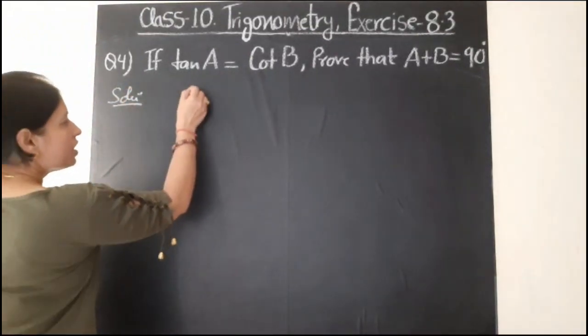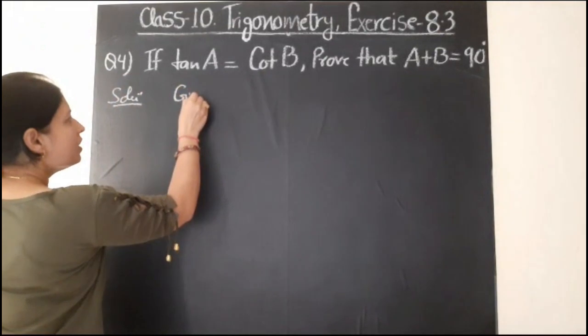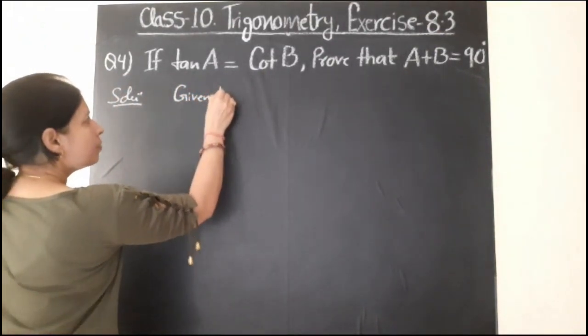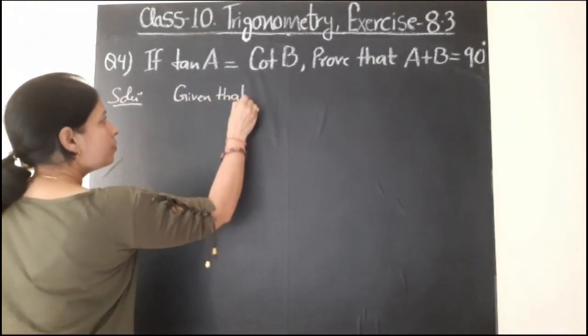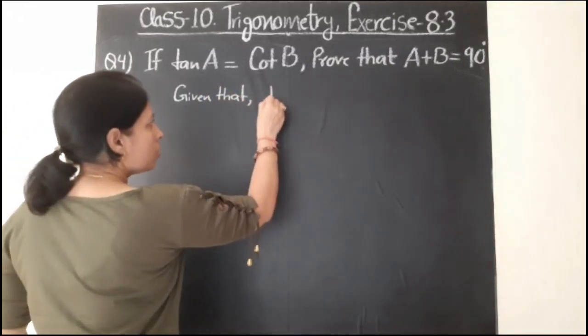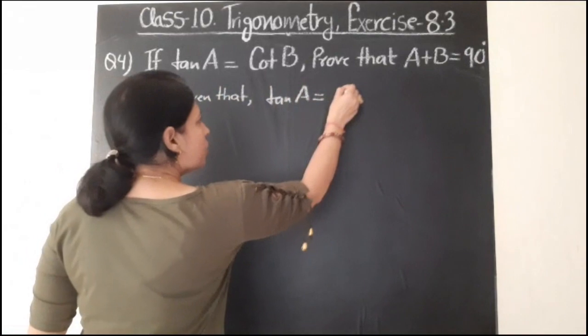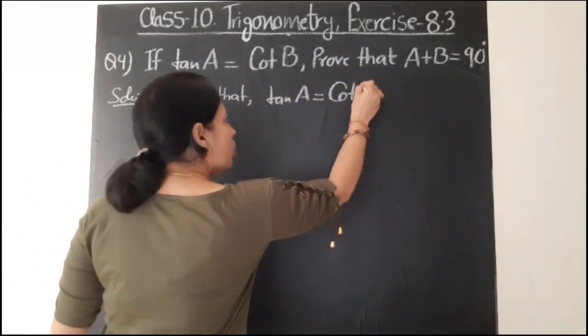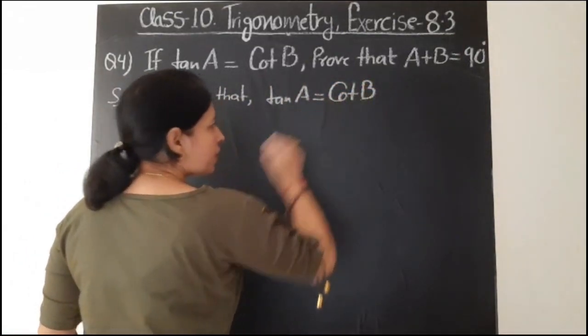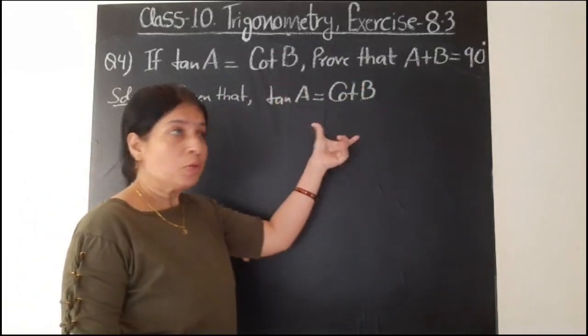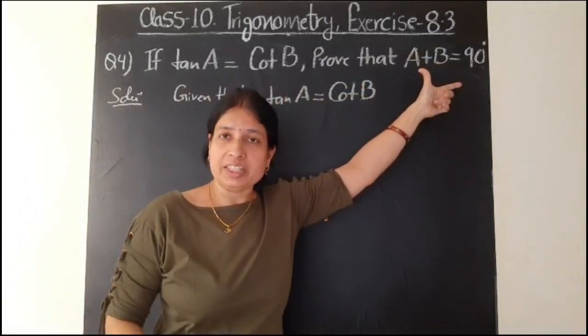Given that tan A is equal to cot B. From this we have to prove that A plus B is equal to 90 degrees.